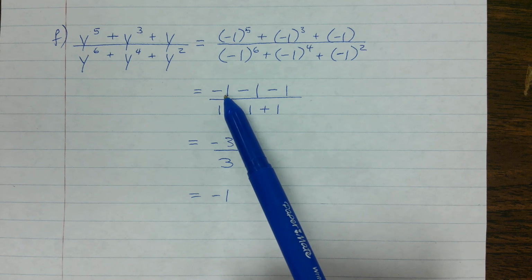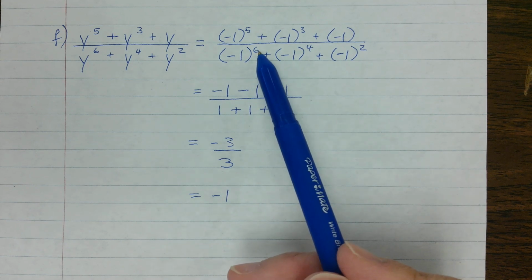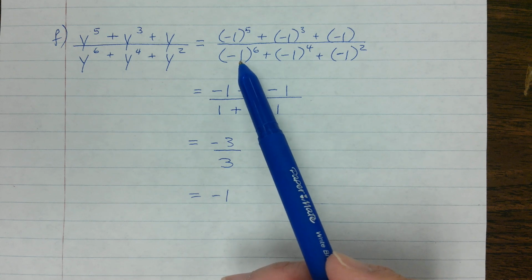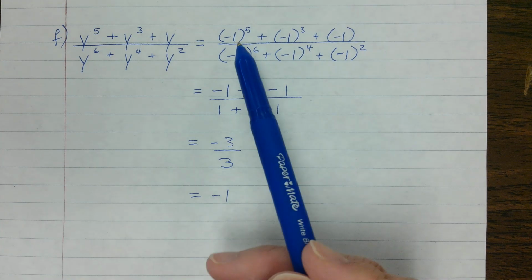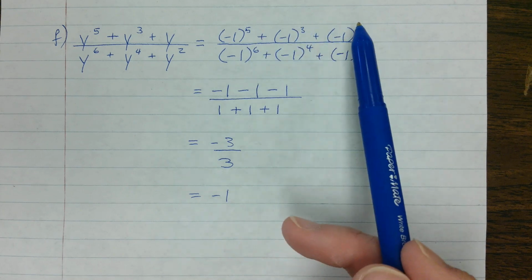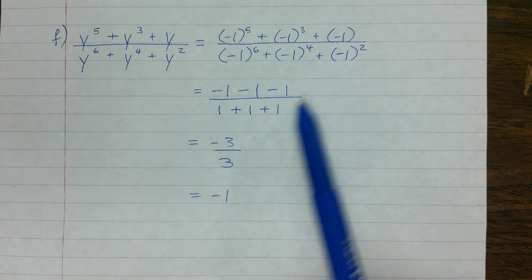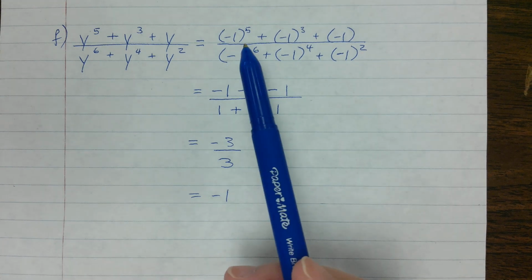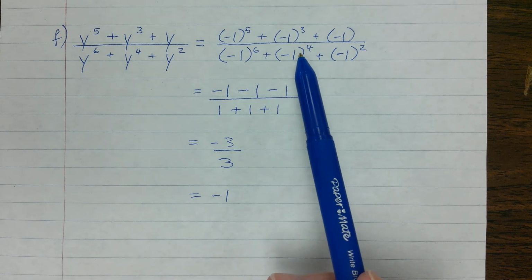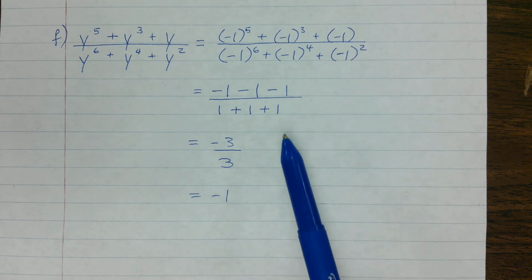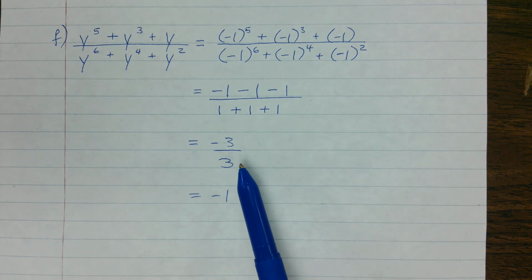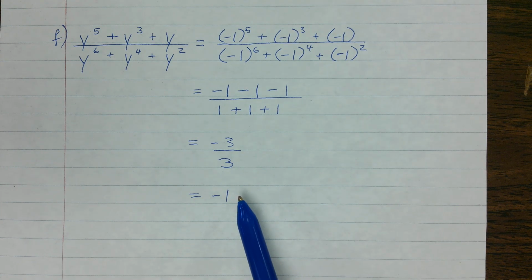It stays negative. What happens if it's an even exponent? That negative number becomes positive, right? So on the top, odd exponent, odd exponent, odd exponent, so it's just -1, -1, -1. So when you subtract it, you get -3. On the bottom, it just becomes 1 plus 1 plus 1, so you get 3. -3 divided by 3 is -1.